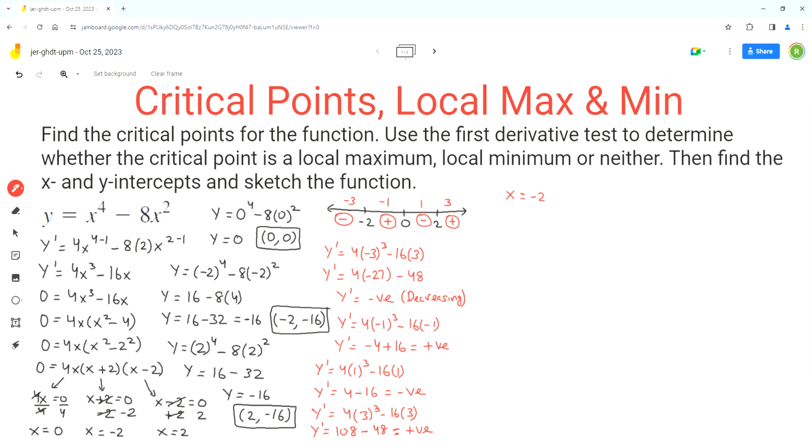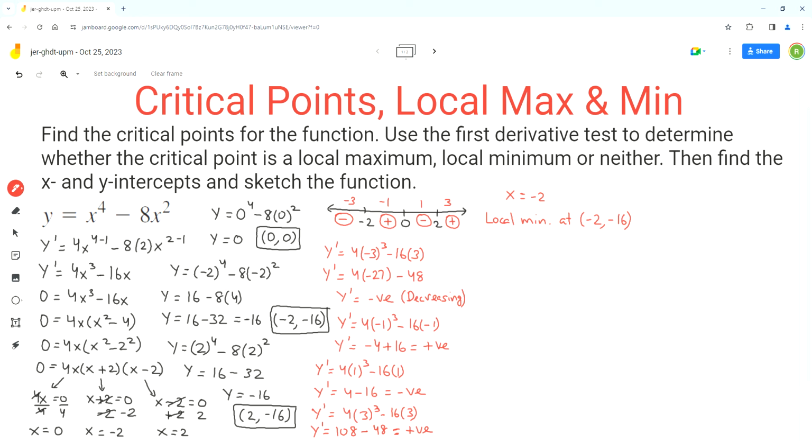That means there is a local minimum at that critical point, which is negative 2, negative 16.